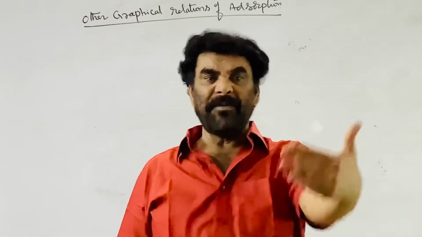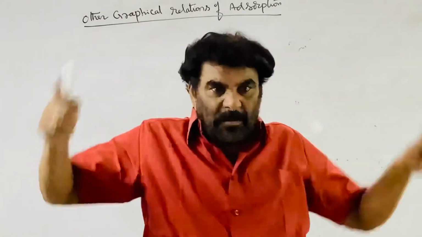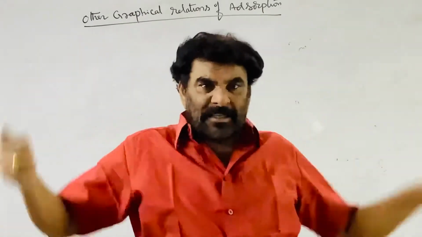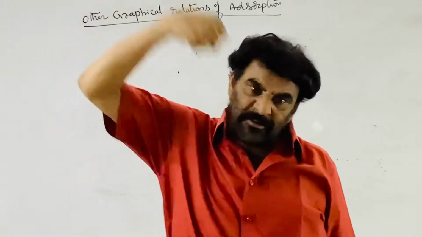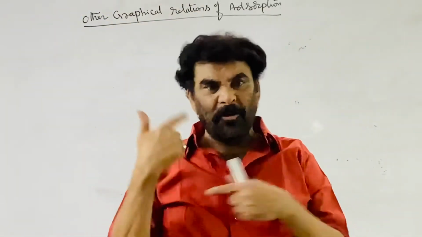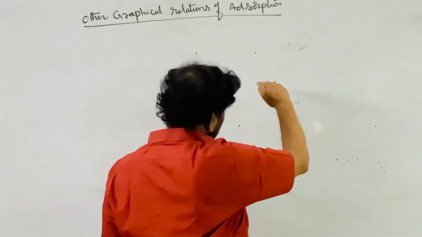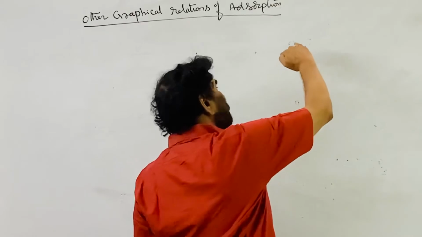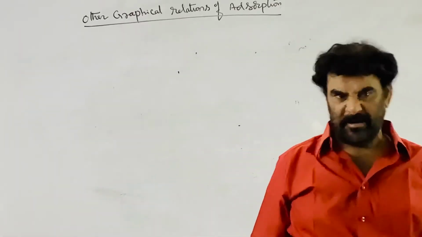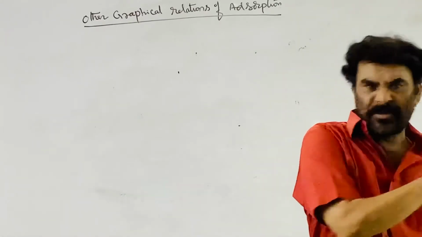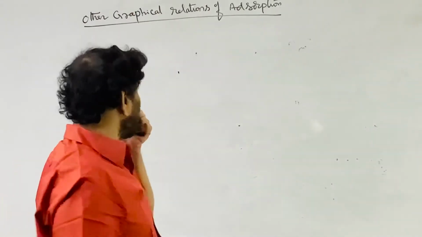The first layer, the monolayer, is formed, over the monolayer a second layer is formed, over the second layer a third layer is formed, over that a fourth layer is formed. Therefore, as we increase the pressure, there is more and more adsorption. Up to a certain point it is constant, then at higher pressure it gradually increases due to multilayer formation. So that is a different story. So these are the graphs related to adsorption.